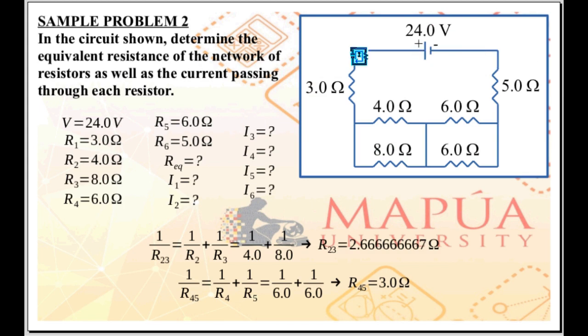Now, this total current I is passing through R1, passing through R23, passing through R45, and passing through R6. Resistors in series connection, which means R1, R23, R45, and R6 all have the same current.